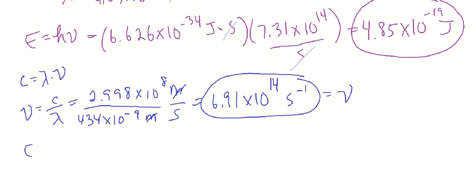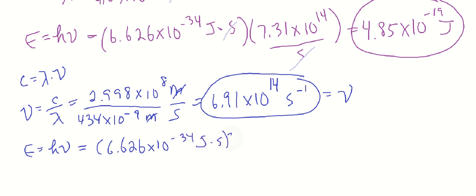Plug that into E equals Planck's constant times frequency. We're going to get 6.626 times 10 to the negative 34 joules seconds. Multiply that by that frequency we just solved for, second to the negative 1, just writing it a little different way so you get some different views here. So that's going to cancel out with that.